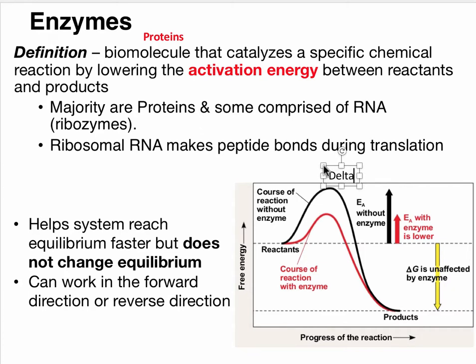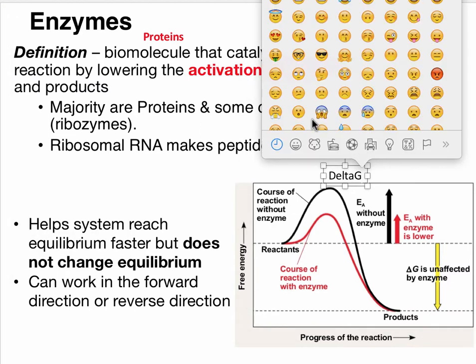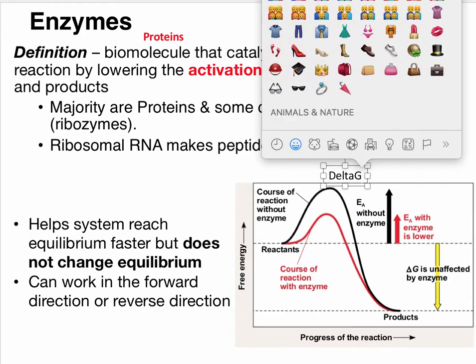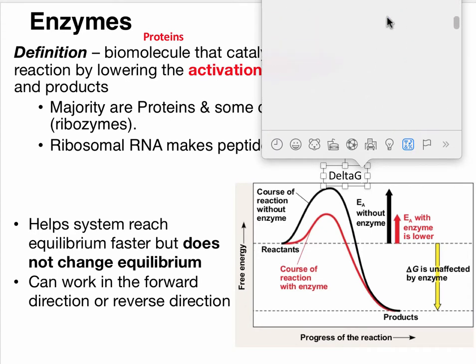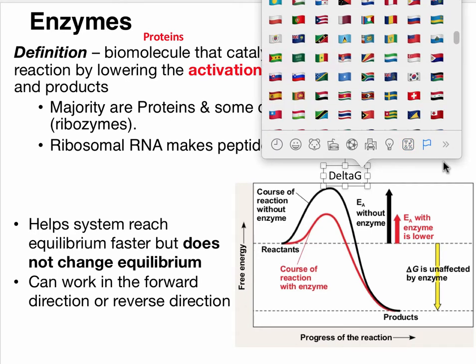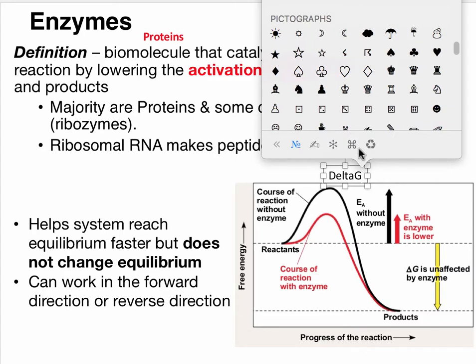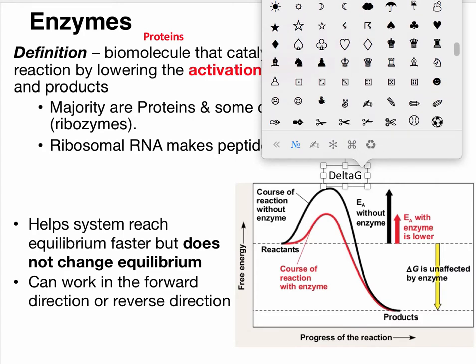Delta G. I will try to insert the double dagger. Let's see. Symbol. Just a bunch of emojis. Don't want you guys to get confused. I don't know why. Here we go.